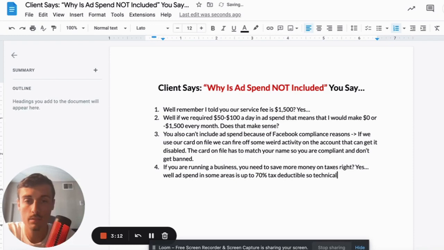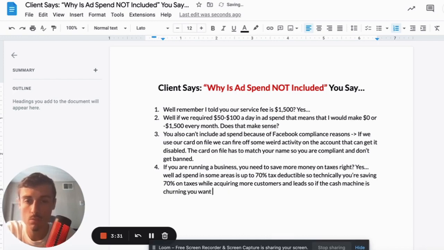Technically, you're saving 70% on taxes while acquiring more customers and leads. So if the cash machine is churning, you want to be spending as much. We agree on that.